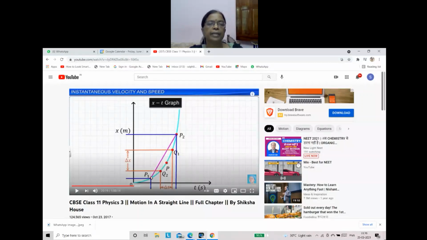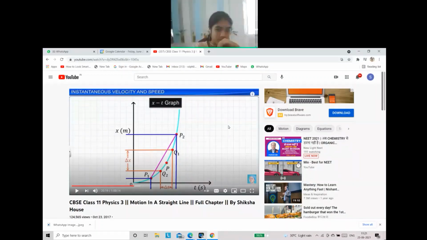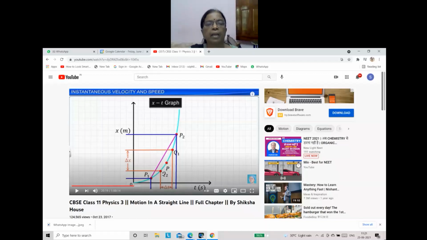Earlier, the blue lines drawn from P2 and P1 gave the time interval as that difference. Now, when we take Q1 and Q2, is the time interval increased or reduced? Reduced. We have reduced the time interval by taking the points Q1 and Q2.